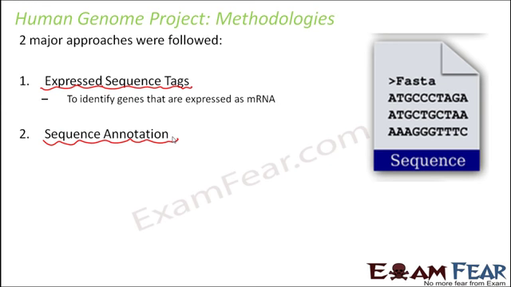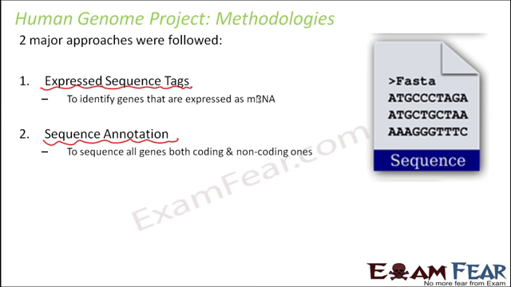When we talk about expressed sequence tags, it was that approach where only those genes were identified which were expressed as mRNA. As we all know, there are certain genes which do not code for any proteins, right? So there are non-coding regions as well. In this approach, only those genes were identified which were expressed as mRNA.